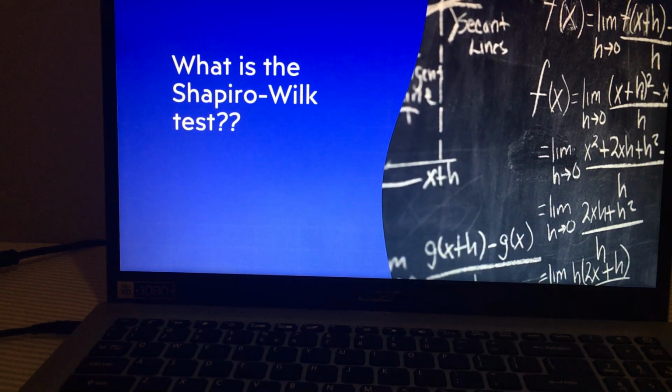There is a note here, so you could either do that or you could do the Kolmogorov-Smirnov test, which is probably more traditional than the Shapiro-Wilk test.